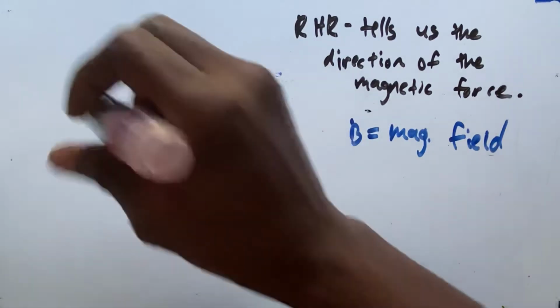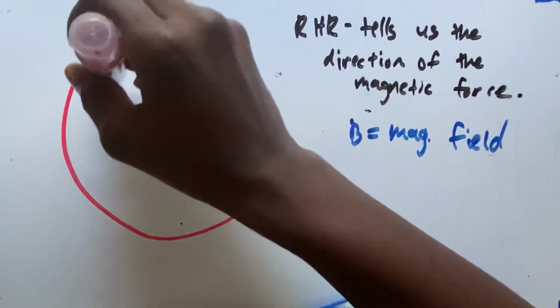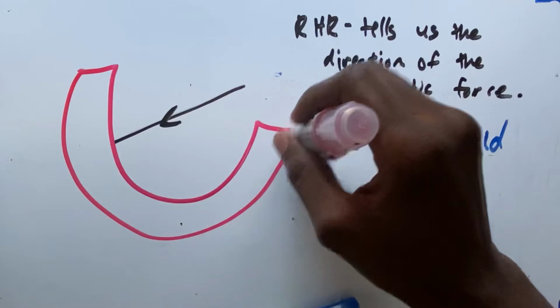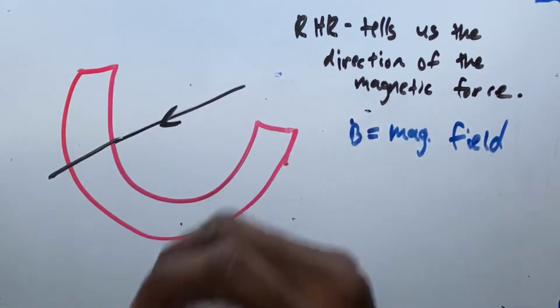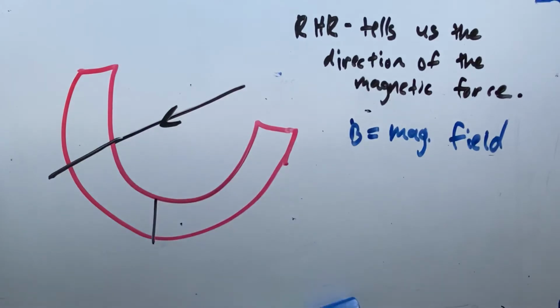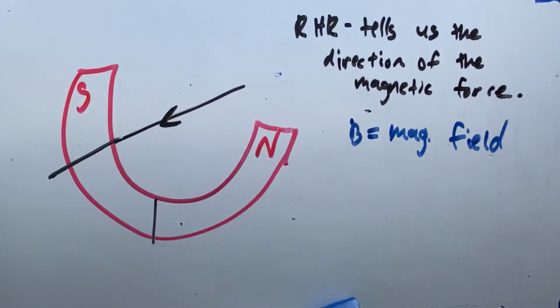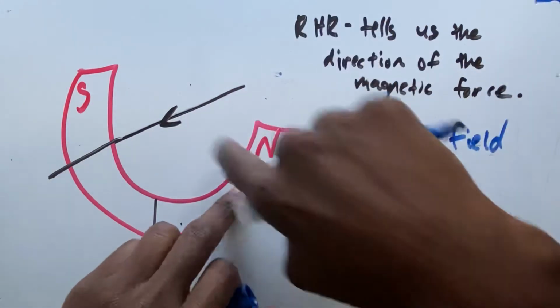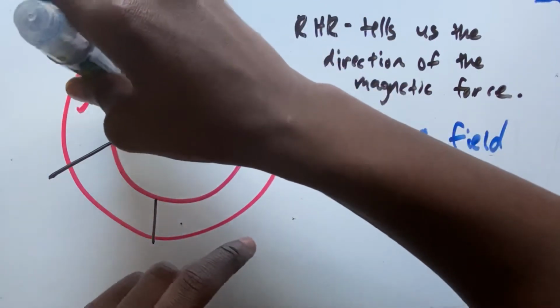And we have our horseshoe magnet. And this is the North Pole. Over here is the South Pole. So we know the magnetic field is going to point away from the north towards the south, right? So the magnetic field points that way.